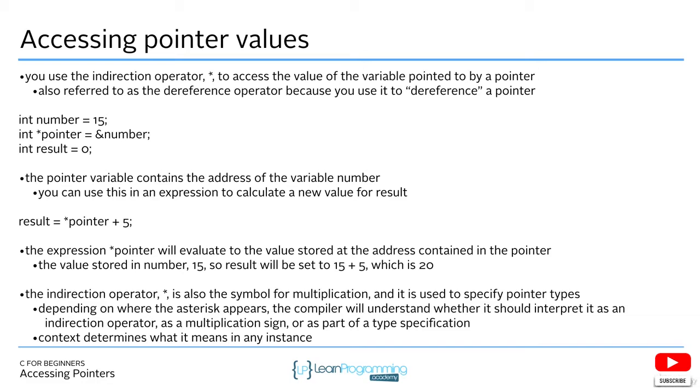So it's all about context when you use this indirection operator. That's how the compiler is going to interpret it. Whenever you see star pointer, and you don't have a data type before it, or two numbers on each side, then you know it's an indirection, a dereferencing.